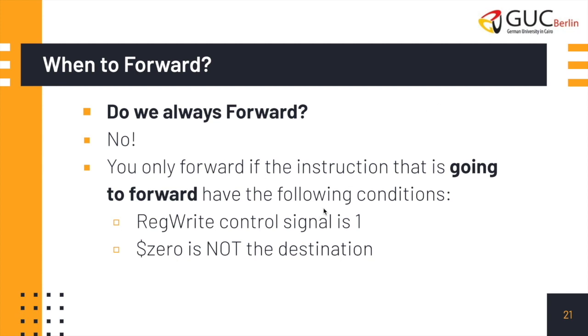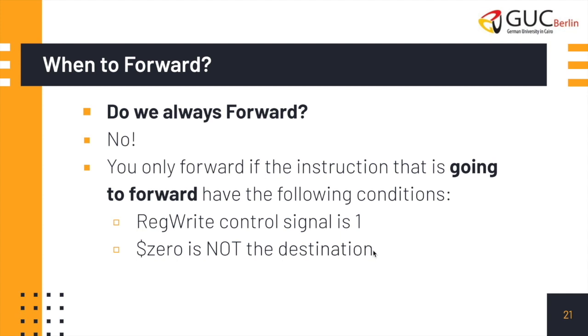So as you can see, if we did not have these conditions ANDed together, we may actually forward a wrong value. Just imagine I am adding 4 plus 5 and storing at register 0, and we have a dependency where I want to read the value of register 0. If we did not have the second condition, what will happen?